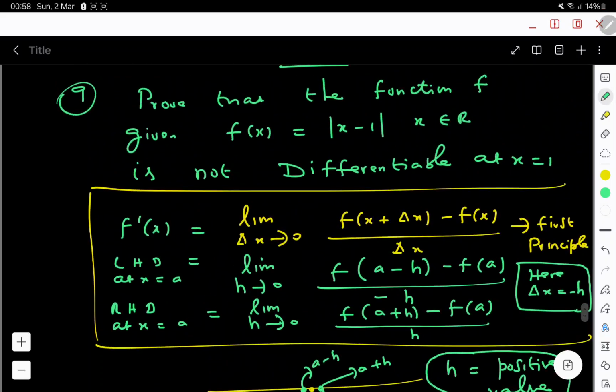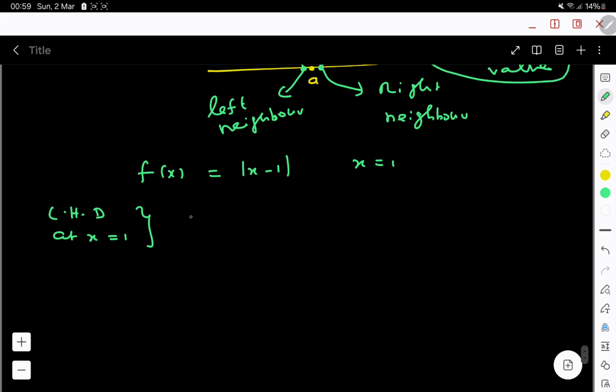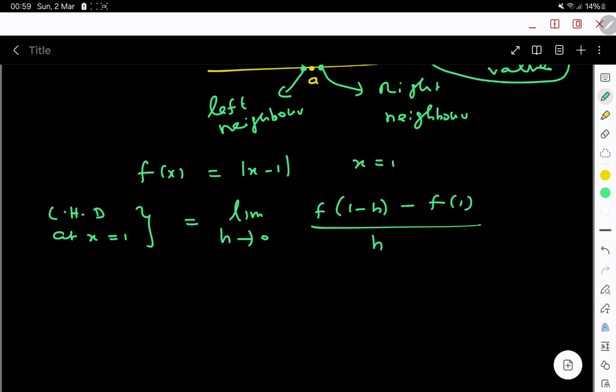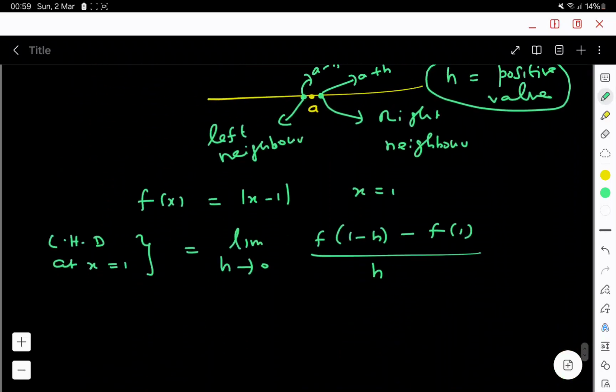Now we prove that the function is not differentiable at x is equal to 1. So now write the left hand derivative formula. Left hand derivative at x is equal to 1 is equal to limit h tends to 0, f of 1 minus h minus f of 1 divided by minus h. Now in this formula I am putting a equal to 1, h is the same h.